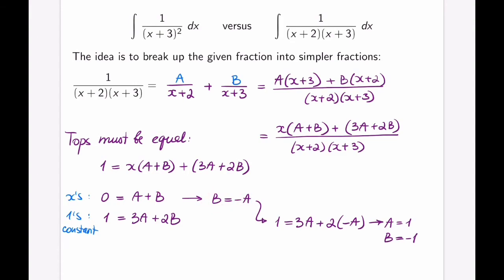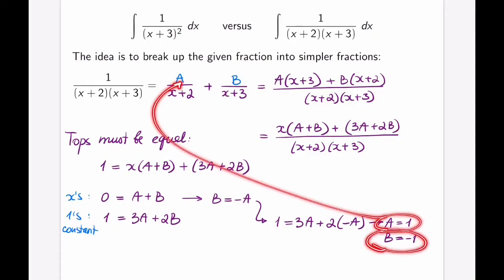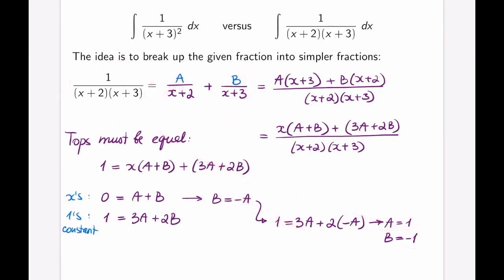So now I have my value for a that I can use up here and value for b that I can use up here. So I've managed to take a big fraction and split it into two smaller fractions with much simpler denominators with known values for a and b. Now, before we see the next step of how to proceed, let's discuss this process one more time.